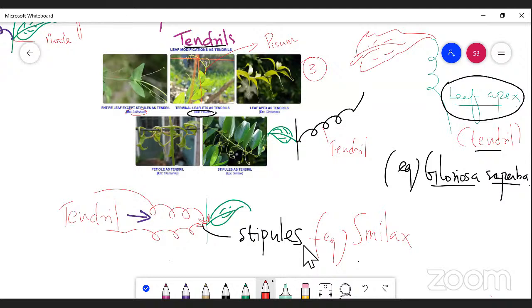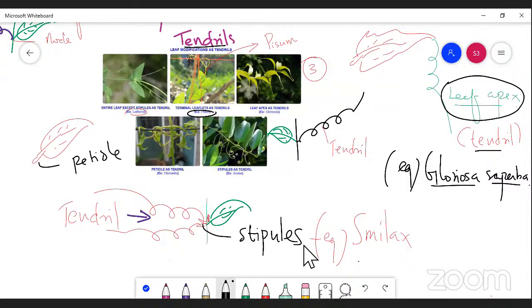The last one, the petiole. Sometimes, instead of leaf lamina, stipule, leaf apex or terminal leaflet, here the petiole is modified into a tendril. That is found in Clematis, right? What is a petiole? My dear student, now this is a leaf, right? The stalk of the leaf is called the petiole.